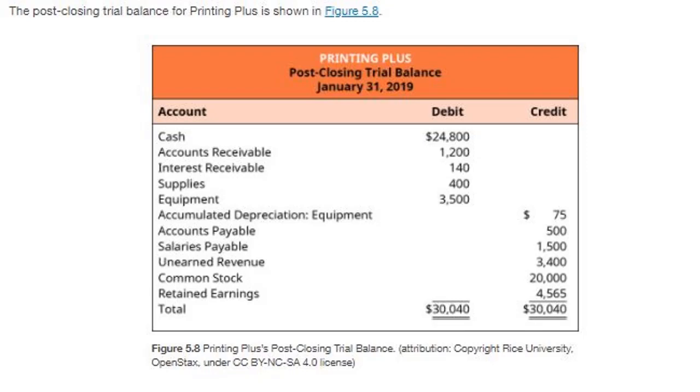And through the closing process, we consolidate them. We make a few changes along the way, of course, and we end up calling all of those different balances retained earnings.